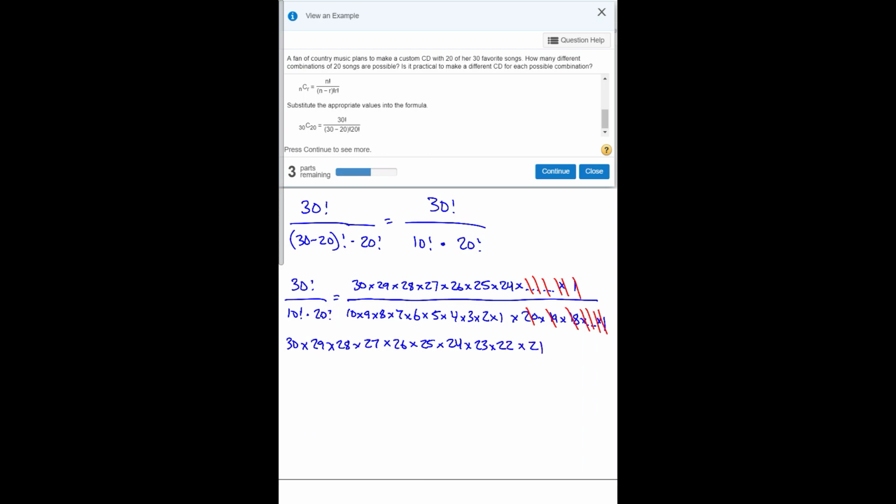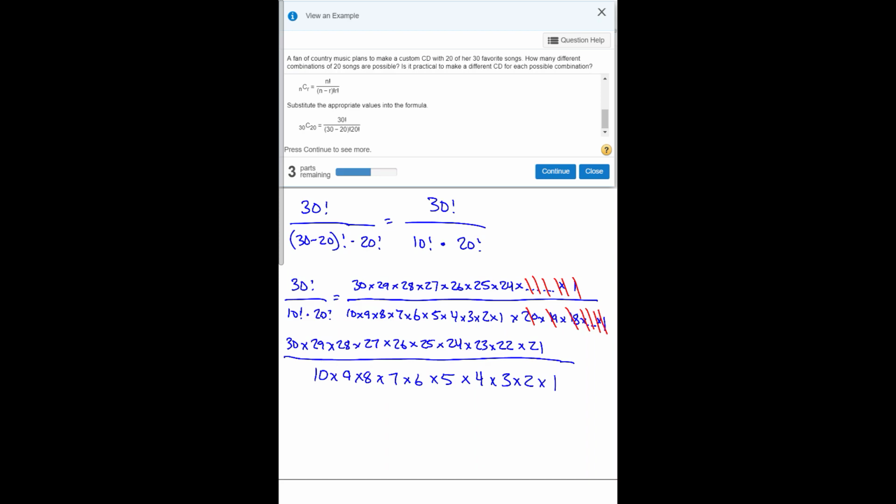Because remember, the 20, 19, 18, and so forth on the top all canceled out with the 20, 19, 18, and so forth on the bottom. But we still have this 10 factorial left over, so it's all divided by 10 times 9 times 8 times 7 times 6 times 5 times 4 times 3 times 2 times 1.